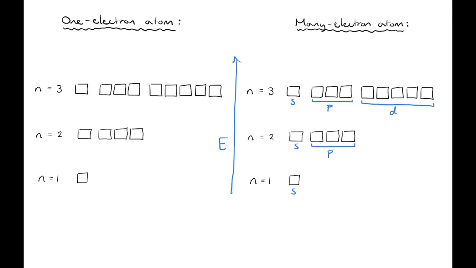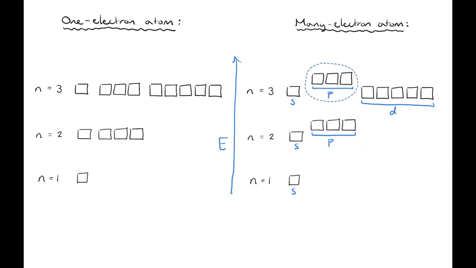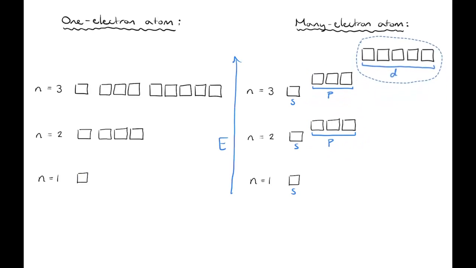And actually, they're going to start to be offset from each other when we look at the energy landscape. Turns out that this family of p orbitals here is actually going to be a little higher in energy than the s orbitals. And the same thing is going to happen up here. Our p orbitals are going to be up a little bit from the s orbitals, and our d orbitals here are up even a little further still.